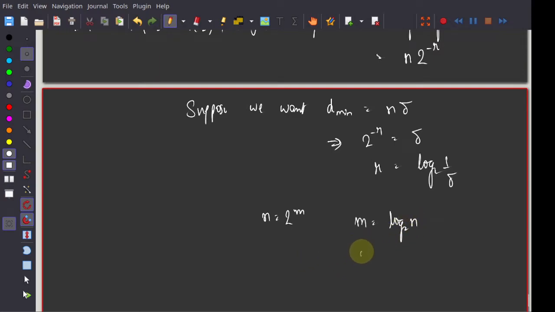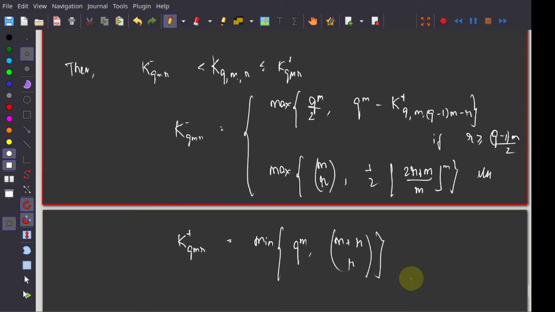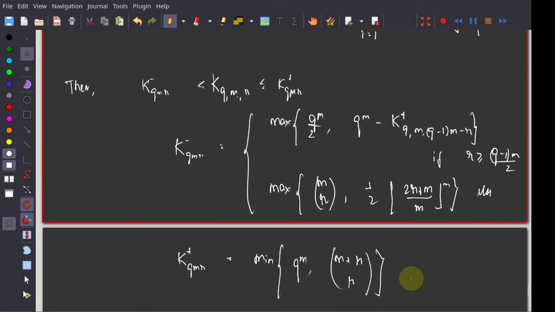So in this case, m is significantly larger than r. The bounds were the following: if r is larger than some constant times m, then we can use this particular bound. But r is not much larger than m, so we should be using this particular bound.